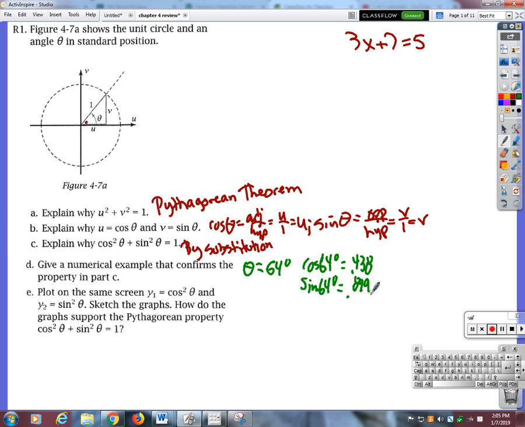Okay, so will you tell me what 0.438 squared plus 0.899 squared is? For 0.438 squared plus 0.899 squared?